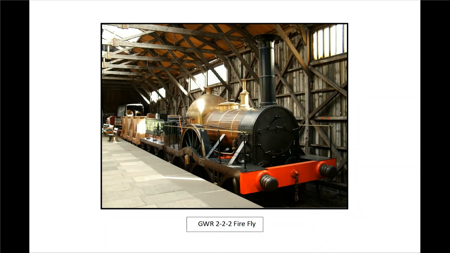Isambard Kingdom Brunel. He was the engineer's engineer of the 19th century. He masterminded railroads, transatlantic companies, and the machines that traversed them. His Great Western Railroad used Sir Daniel Gooch's Firefly and Iron Duke locomotives. In this early locomotive type, all the grammar and the logic for the age of steam were in place.